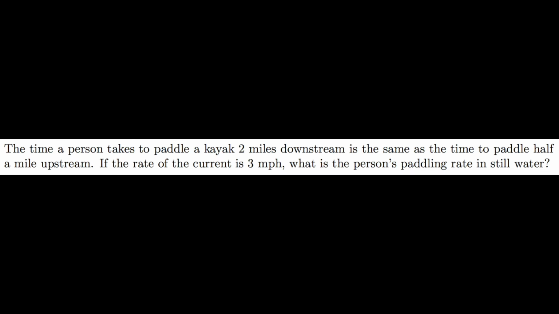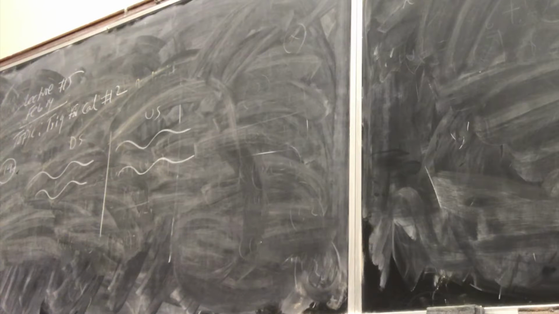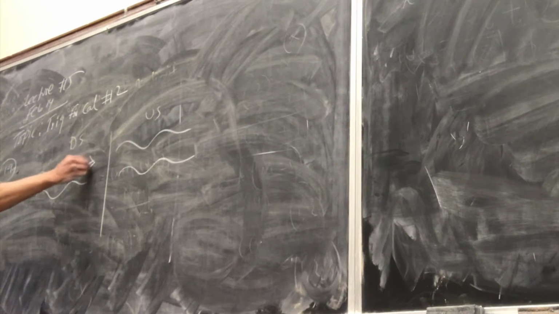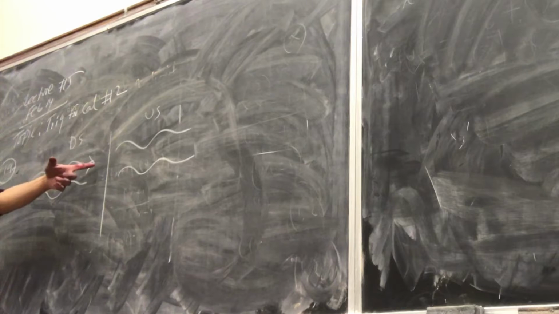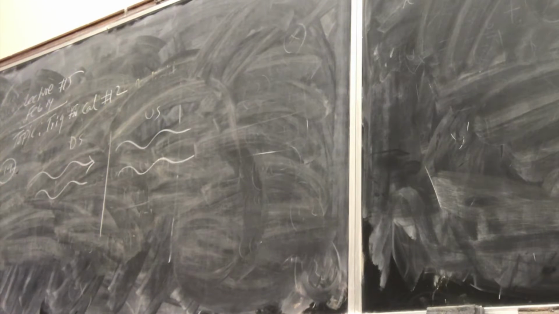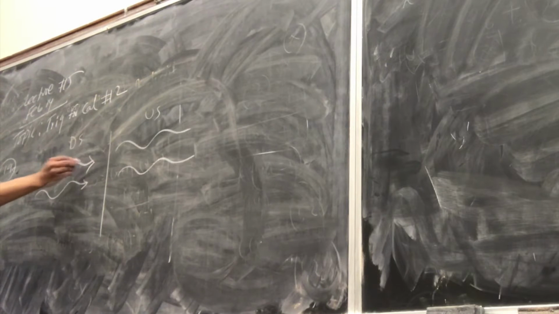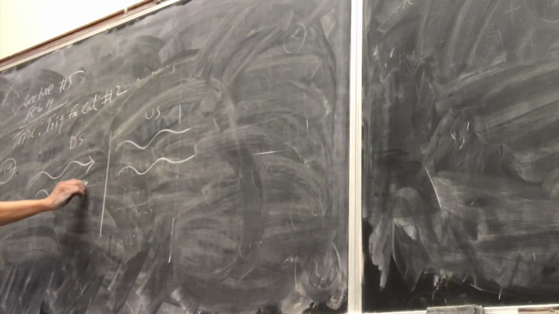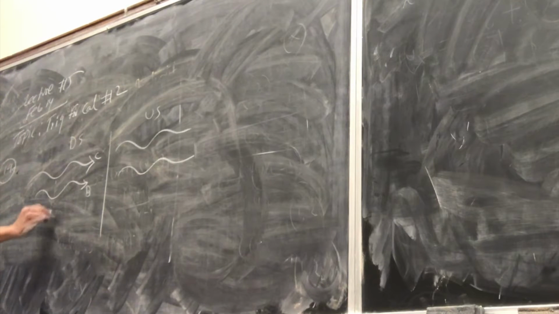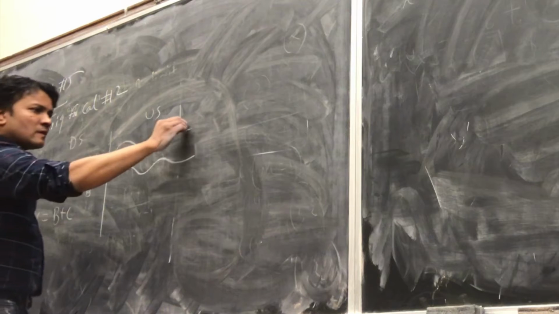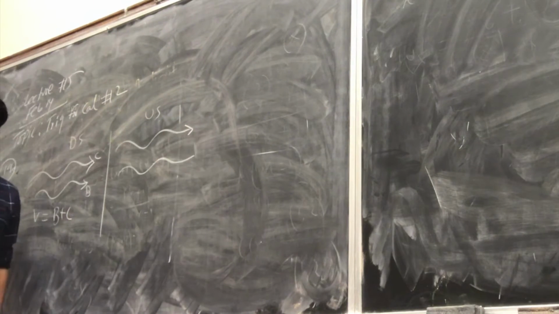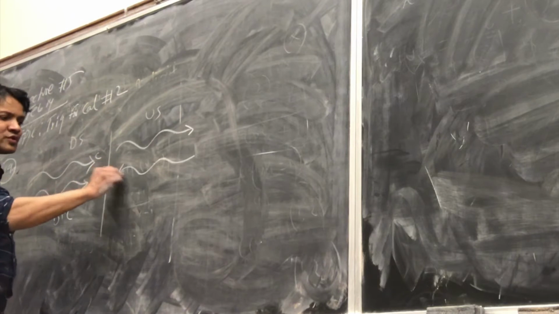So downstream, okay, so the water moves to the east and the boat is also moved to the east. So we can say the boat is B and the current of the water is C. So the velocity is B plus C. The upstream, the water moves to the east, but the boat moves to the west.